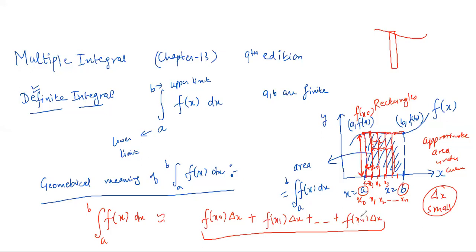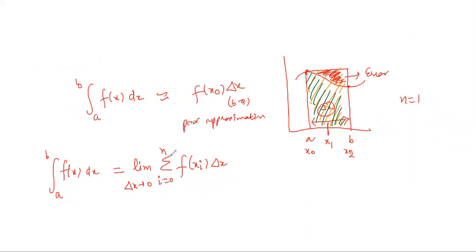So that is f(xi); i denotes these points x0, x1, x2. I have written this in the precise summation form. And since delta x should be as small as possible, only then is this going to be approximately equal to the actual area. Therefore, this limit is introduced: delta x should go to 0.